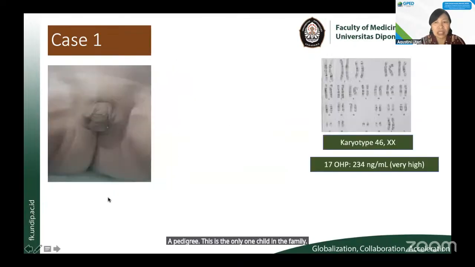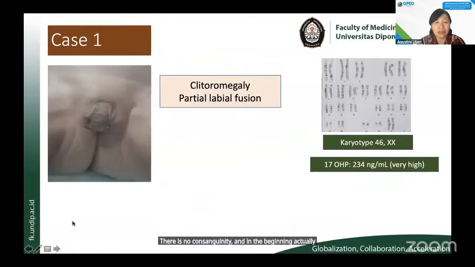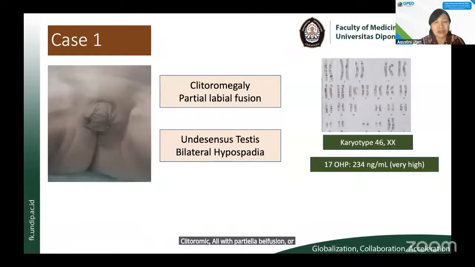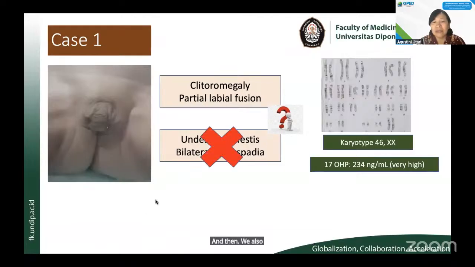There is no consanguinity. In the beginning, they were discussing whether this was clitoromegaly with partial labial fusion, or undescended testis with bilateral hypospadias.